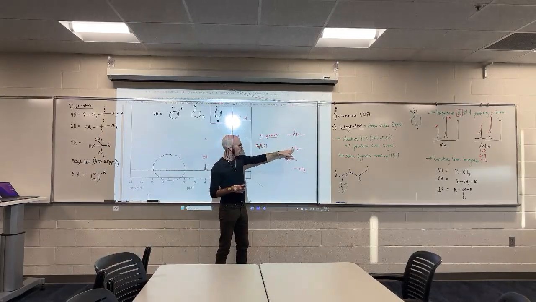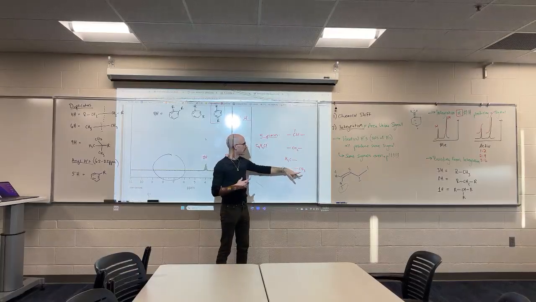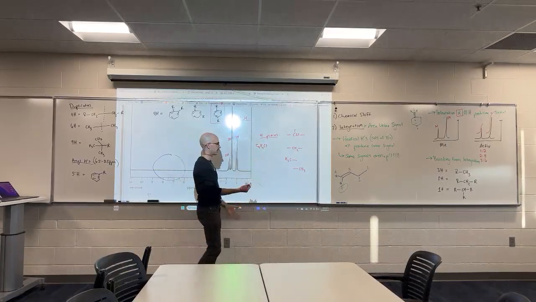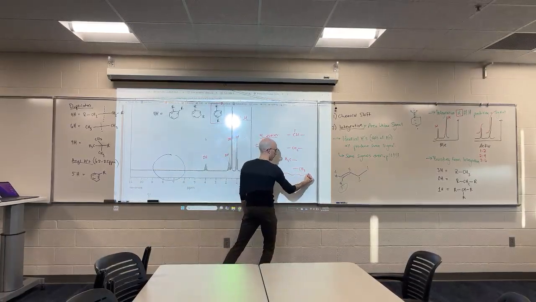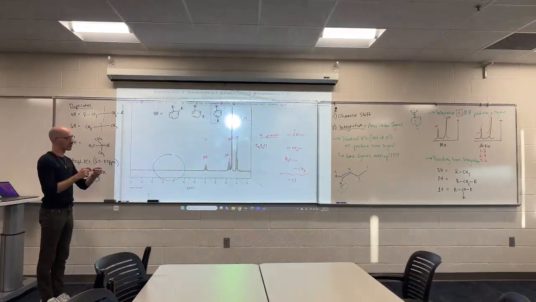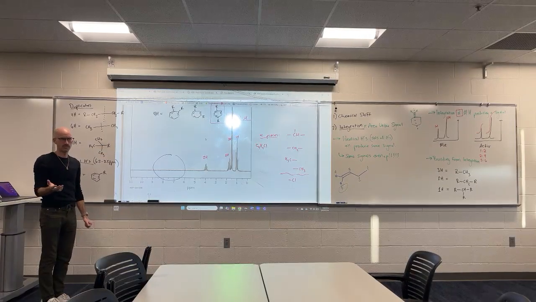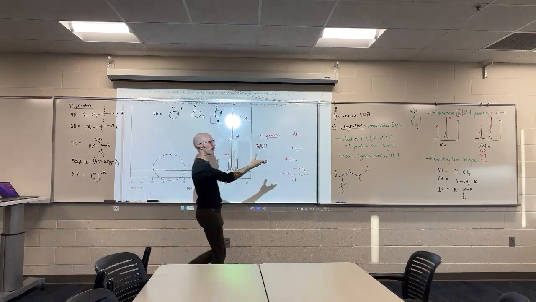Notice how I've got my 4 carbons. I've got my 9 hydrogens, but chlorine is not here. So there is this other piece that NMR does not tell me. Does NMR tell me the carbons? No. That's where we're building it.